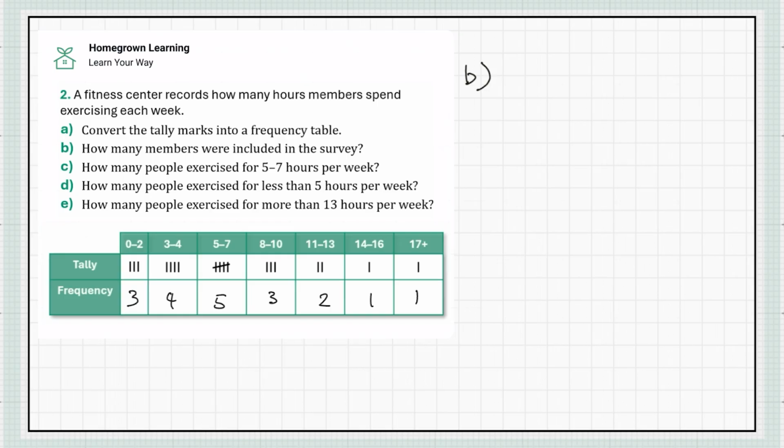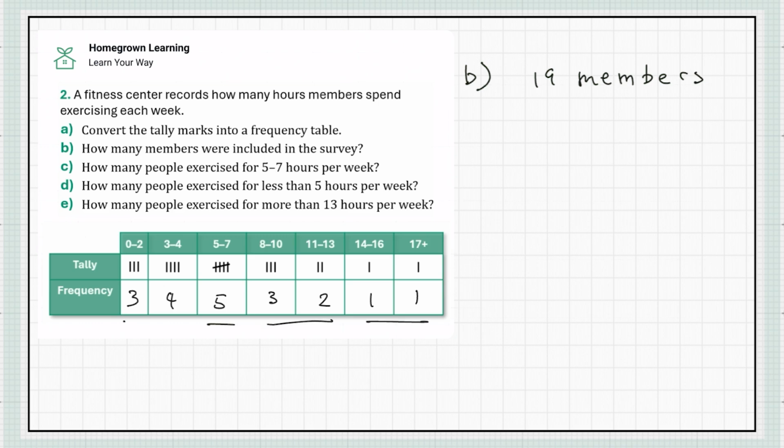How many members were included in the survey? If we add all these up, we get our 19 members. However way you want to do this is fine. Usually I just group them up. So here's a 5, here's a 3 and a 2, which is another 5.